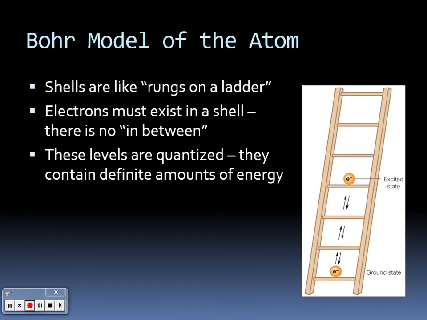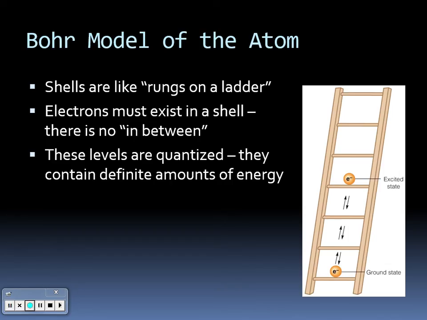You can have $100,000 worth of pennies. It's still an integer multiple of a penny. Does that make sense? So, same thing is true here on the ladder. You're either on this step or this step or this step, but you can't be in between. These shells are quantized.